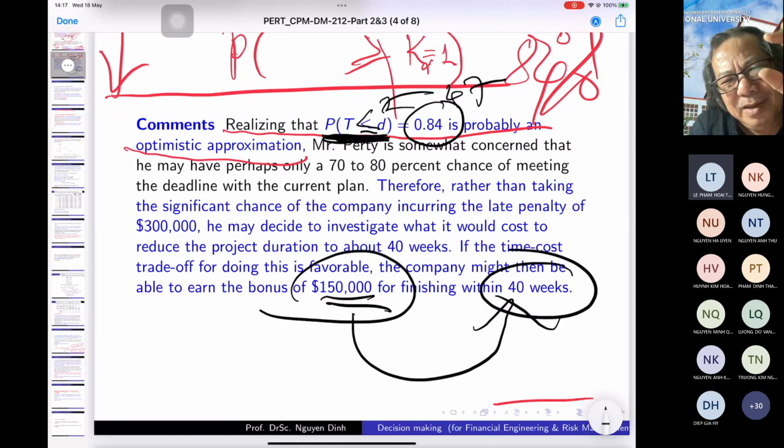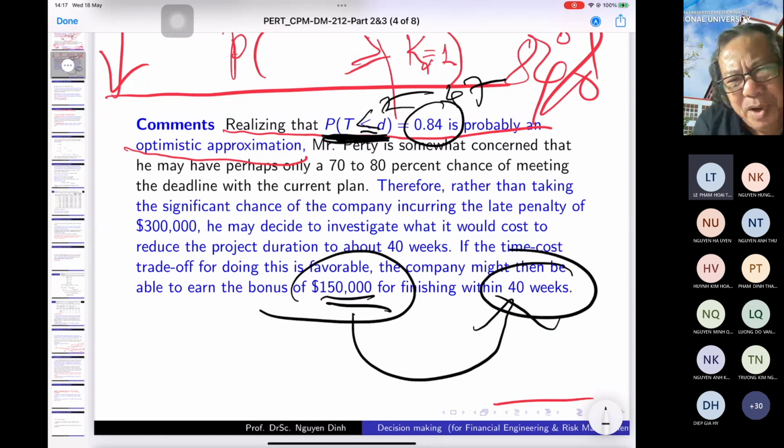Is that okay? So if you reduce 4 weeks, the first of the 2 questions is which nodes you should reduce. Which node, which activity, you should reduce to get the cheapest price? And at a node you reduce, how many weeks can we reduce?